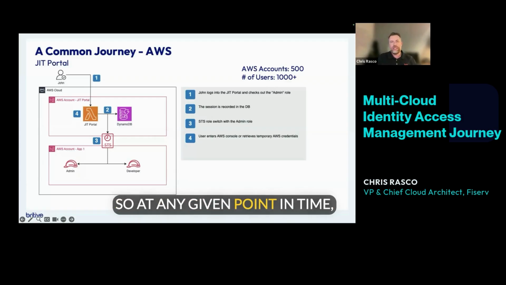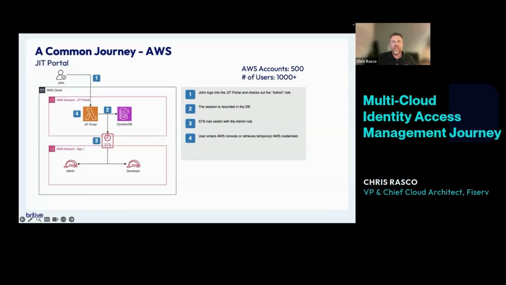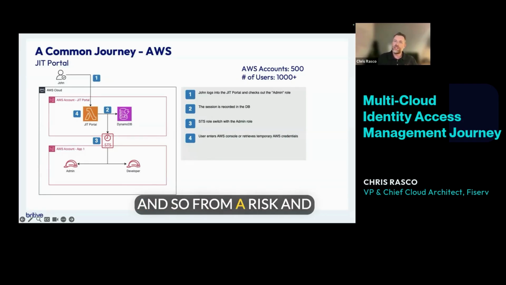So at any given point in time, the user principals that existed had no standing access. From a risk and security perspective, it let us sleep better at night knowing that we didn't have 1,000 sets of credentials that were valid at a privileged level of access.